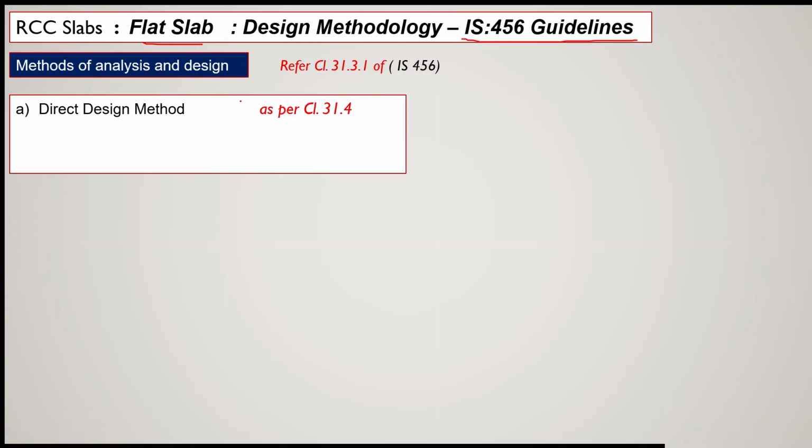So IS code is recommending two methods for the design and analysis of the flat slab. One is direct design method, which is mentioned in clause number 31.4, and second one is equivalent frame method, which is clearly explained in IS 456 in clause number 31.5.